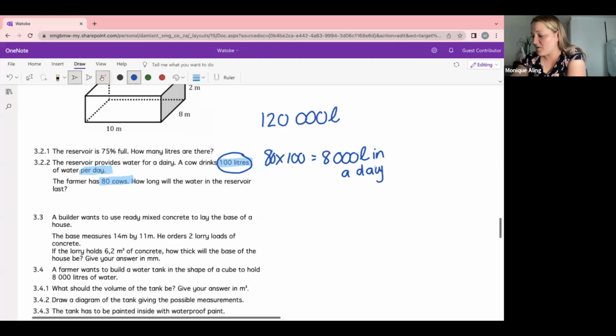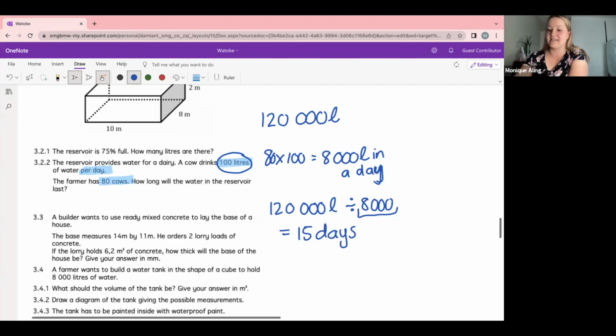So I'm going to take my 120,000 liters and divide by 8,000 because that's how much is consumed in one day. And that means this water will only last 15 days. So out of my big amount of water, because the cows drink so much, it will only last 15 days. We're not subtracting the 8,000, we are dividing.